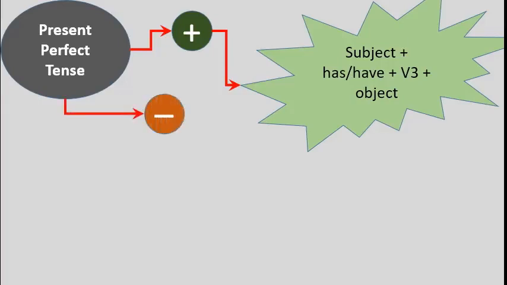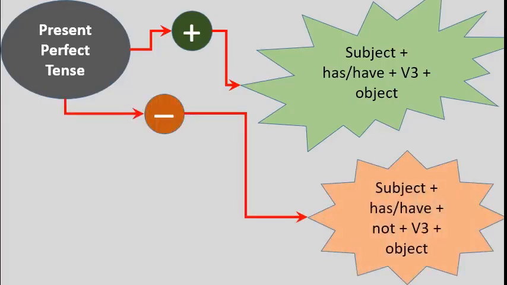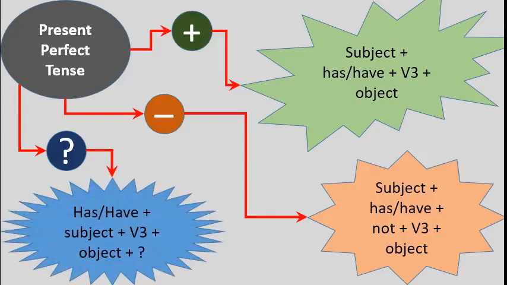In negative sentence, the structure will be subject plus has or have plus not plus third form of the verb plus object. For example, he has not done his homework. In interrogative sentence, the structure will be has or have plus subject plus third form of the verb plus object. For example, has he done his homework?